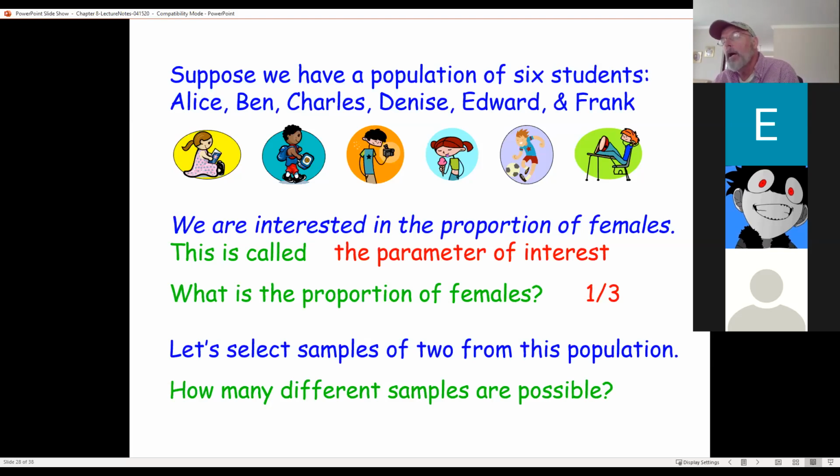Let's take a look at these possibilities, and think about how many different samples are possible given that the population size is 6 and the sample size is 2. That is a combination of 6 choose 2, which is equal to 15.